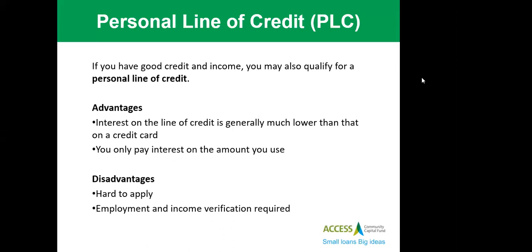Interest on a line of credit is generally much lower than on a credit card, and you only pay interest on the amount you use. But a personal line of credit is harder to get because underwriting is required. When you apply for a line of credit, you need to provide your employment and income documents.